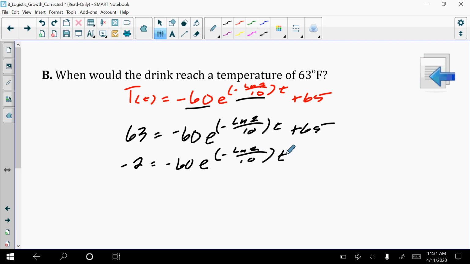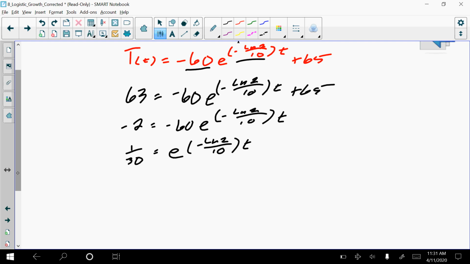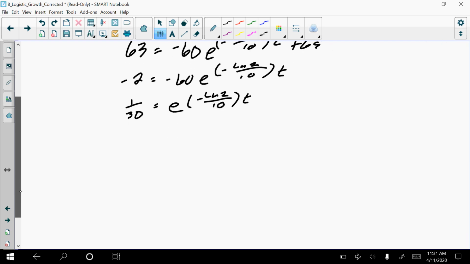Now you divide both sides by the negative 60. Negative 2 and the negative 60 simplify to a positive 1 over 30, equal to e to the negative natural log of 2 over 10 times t. And from here, you take the log of both sides, because we have to get the t out of the exponent's position in order to solve it.